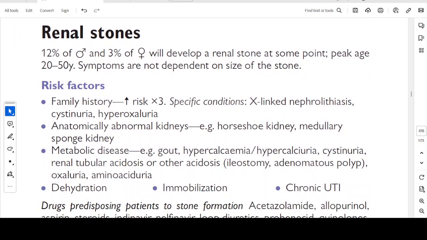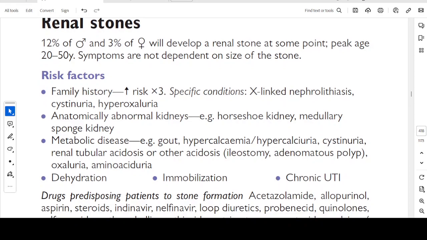Renal stones. 12% of the males and 3% of females will develop renal stone at some point. Peak age is 20 to 50 years. Symptoms are not dependent on the size of the stone. Risk factors: family history, with a 3 times increased risk.